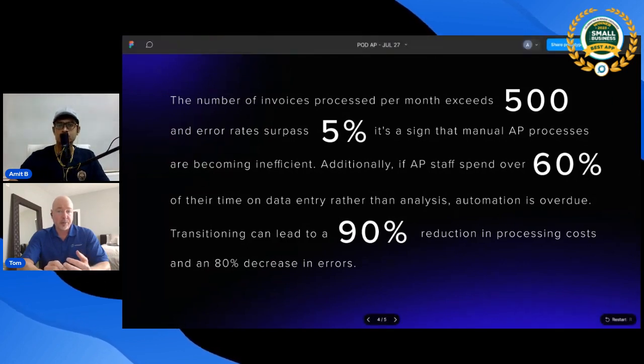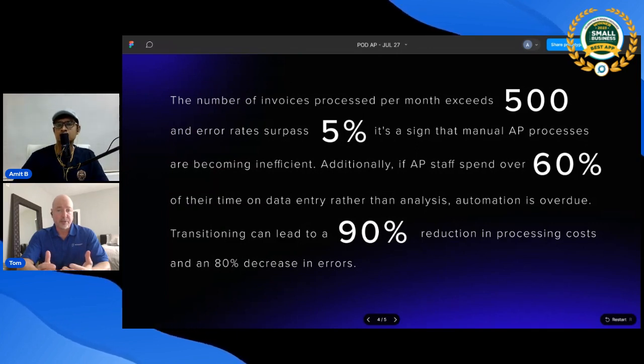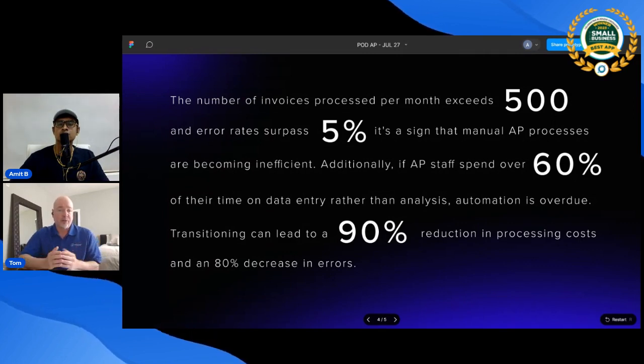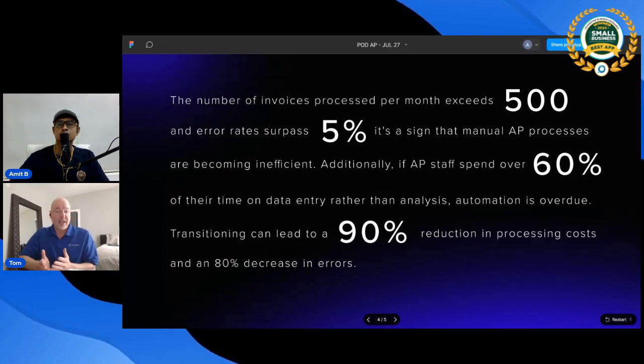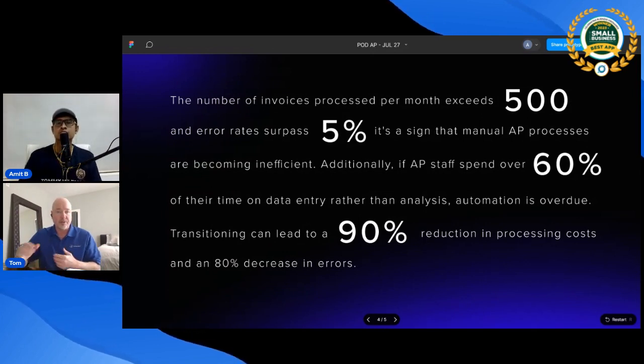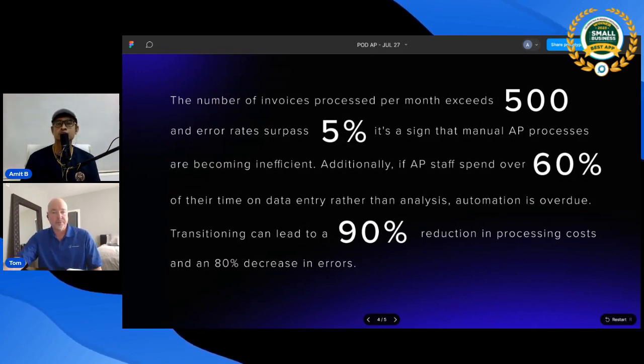And according to Ardent Partners, businesses employing automation witness a 43% reduction in processing costs and a 25% increase in early payment discounts, fostering stronger supplier connections. And this strategic shift allows organizations to negotiate better terms, optimize cash flow, and focus on collaborative growth with their suppliers, strengthening the relationship with the suppliers.